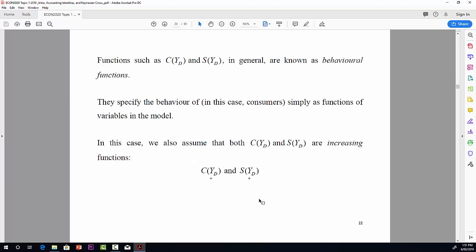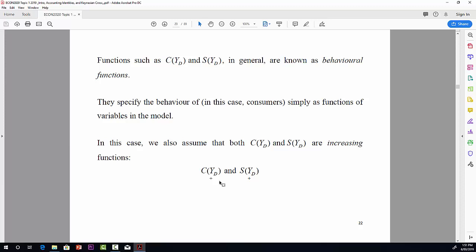These are known as behavioral functions. We're not going to analyze the microeconomics behind people making their decisions. We're just going to presume that people use simple rules about how much they're going to consume and how much they're going to save out of their disposable income.